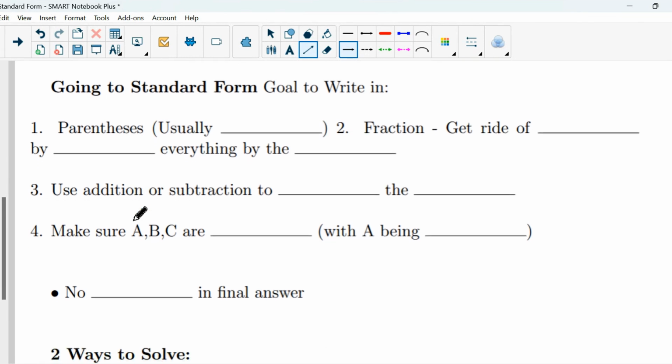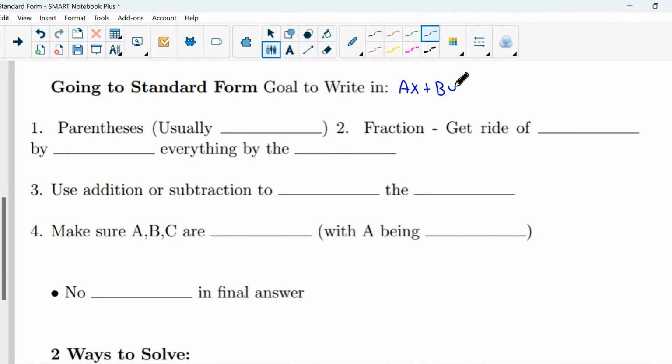All right, going to standard form. If we want to achieve standard form, our goal is to write it in the form ax plus by equals c. That's our typical standard form. Parentheses usually mean to distribute.